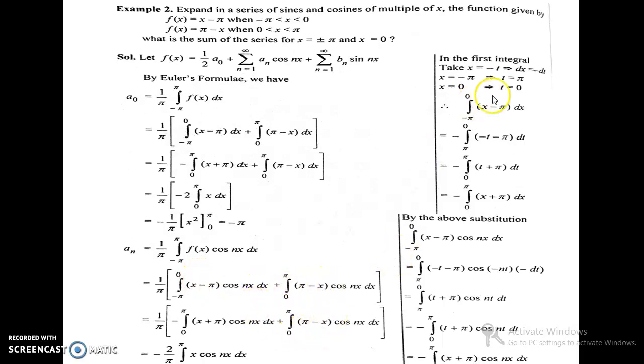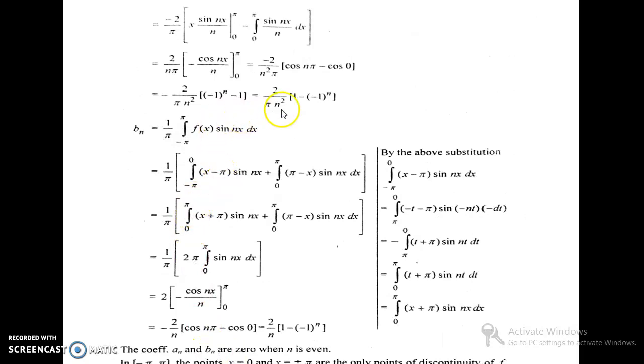Then apply the same substitution as in these steps in the first integral. So this changes to this integral. After doing integration, value of an is equal to this term 2 upon pi n square, 1 minus (minus 1) raised to the power n. Similarly, find the value of bn. Calculations are not very complicated, just simple substitutions. Value of bn becomes this.